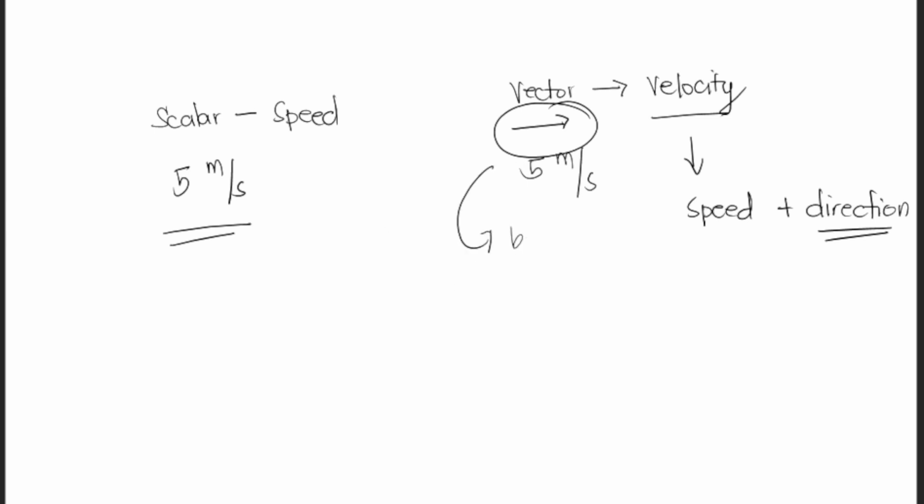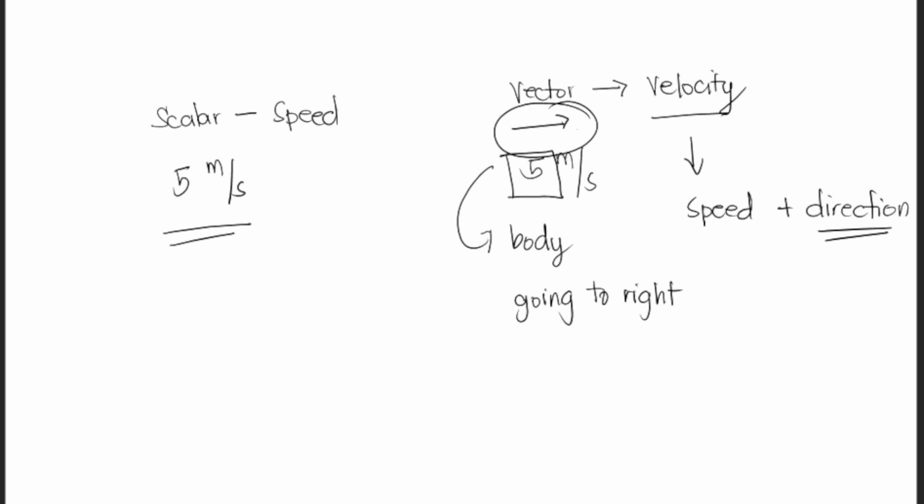The direction here is the representation of our arrow, which means our body is going to the right. So it has both magnitude and direction. Magnitude is the numerical value of the quantity, and the direction is the arrow.